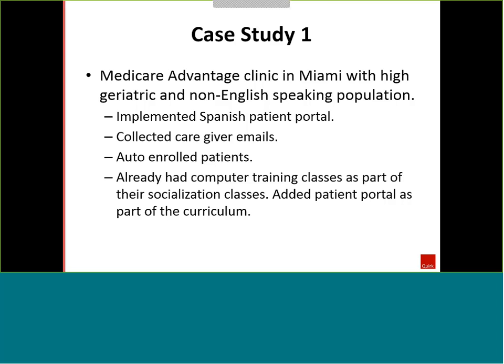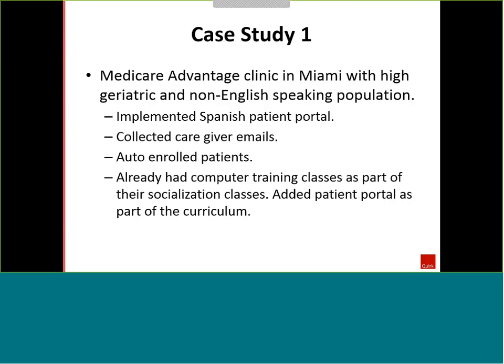And they did a couple of things. They took some of the old rooms that had paper file storage, took that out, and put in a training class basically, and they taught people as part of their socialization classes how to use computers. It was insane.